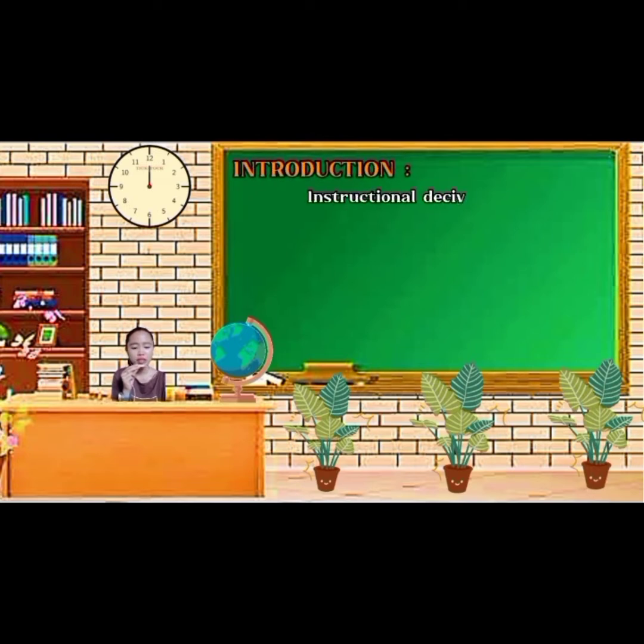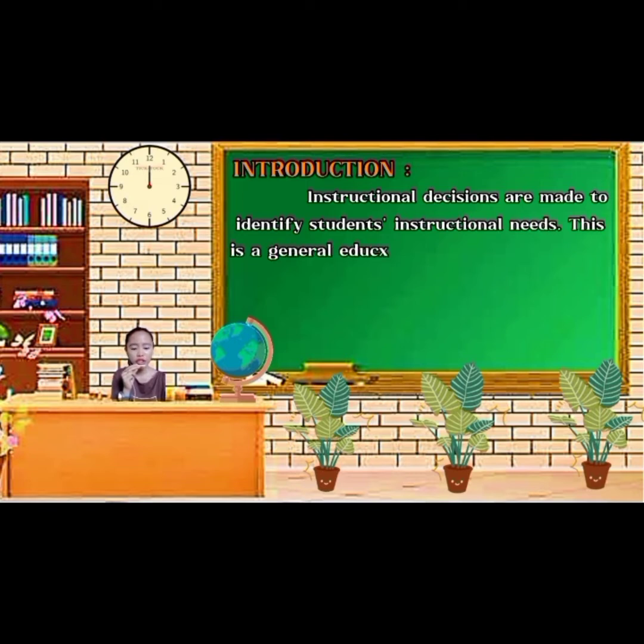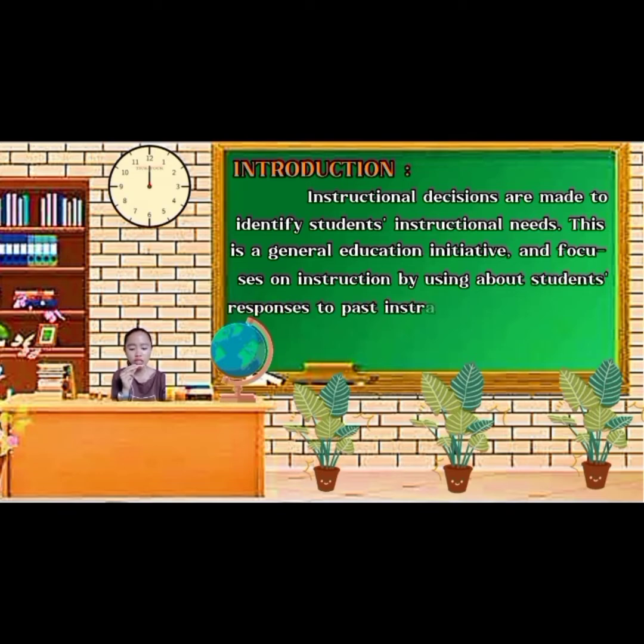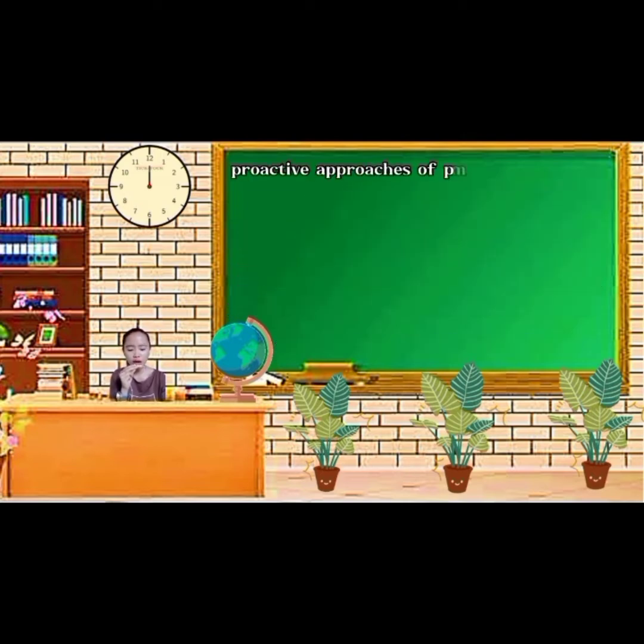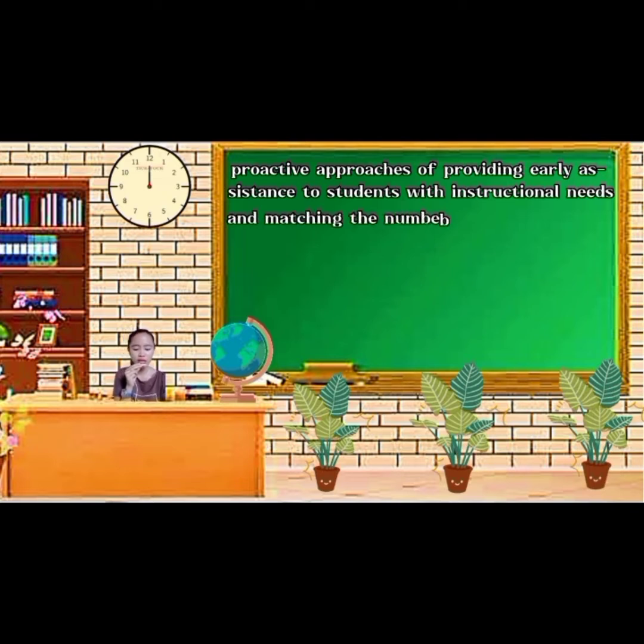Instructional decisions are made to identify students' instructional needs. This is a general education initiative and focuses on instruction by using students' responses to past instruction to guide future educational decisions. Decisions are proactive approaches of providing early assistance to students with instructional needs and matching the number of resources to the nature of the student's needs.